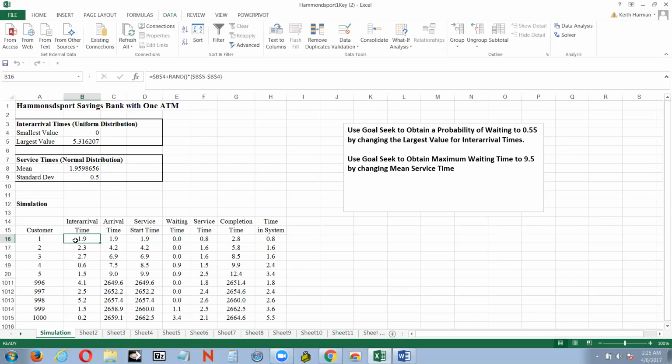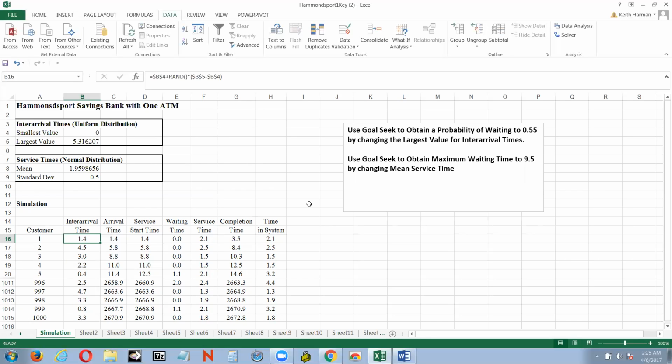Now you say, where did you get the random numbers? Let me point this out again. That's why these numbers look jumpy. They're what we call volatile. Look at the formula, equal B4 plus RAND. I talked about this in class, RAND meaning the RAND function. So we're going to select B4 plus some random number times B5 minus B4.